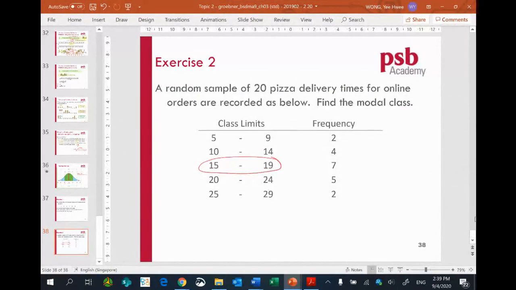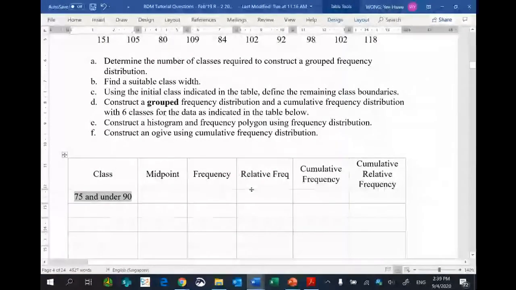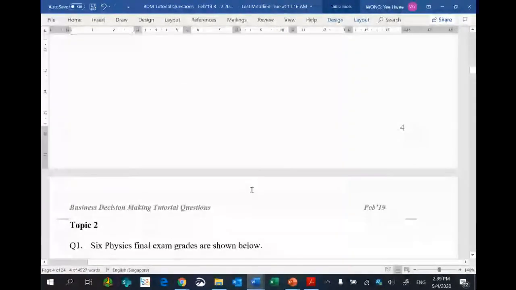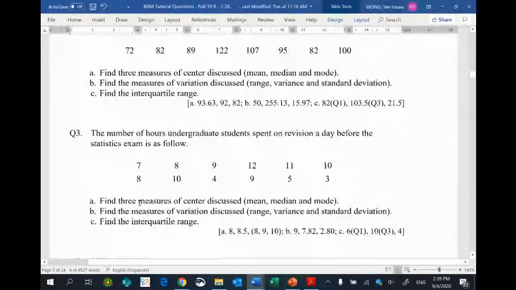Okay, right. Now let's go to the tutorial questions. Topic 2. So you see the tutorial questions, you have question 1, question 2, question 3, and question 4 only.